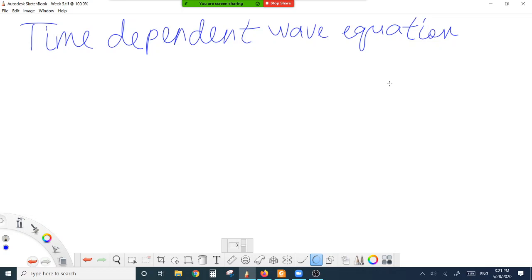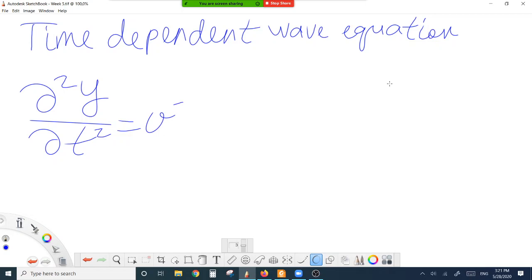So how do we know that Maxwell's equations in fact represent wave equations? Let's recall that the wave equation was in the form d squared y over dt squared equals velocity squared times d squared y over dx squared.